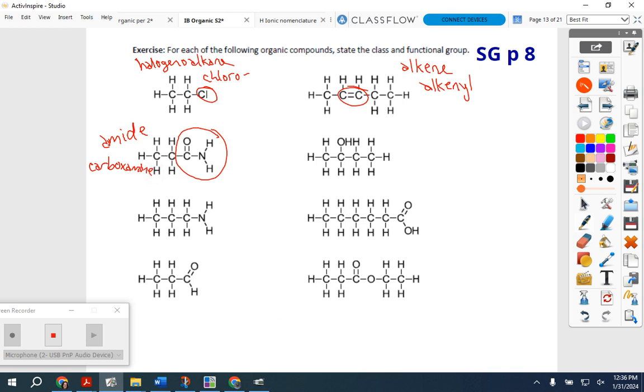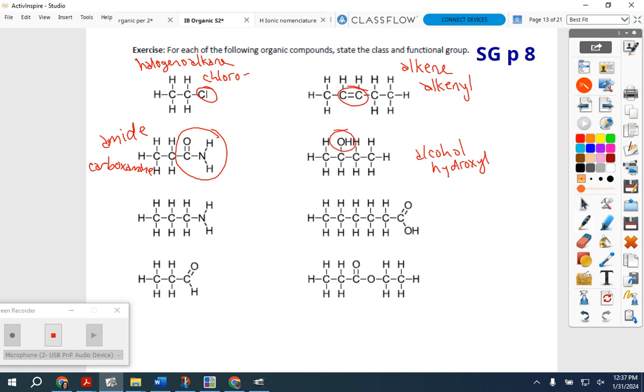Yep. All right. Abron, how about this one? Okay, it's an alcohol. What do we call the functional group? Hydroxyl. Yep. And there it is right there, our OH.